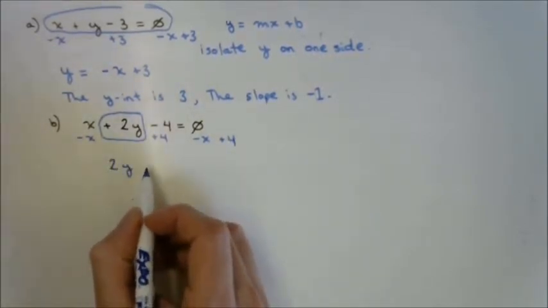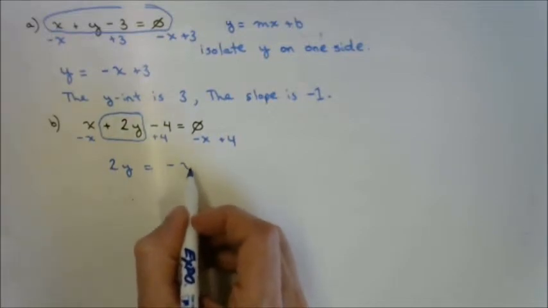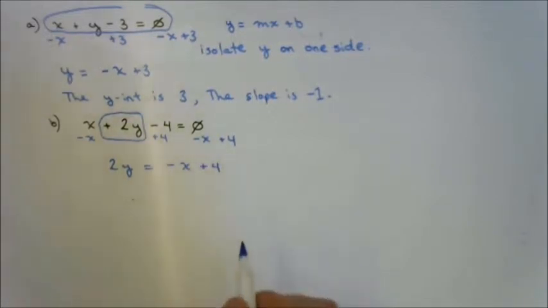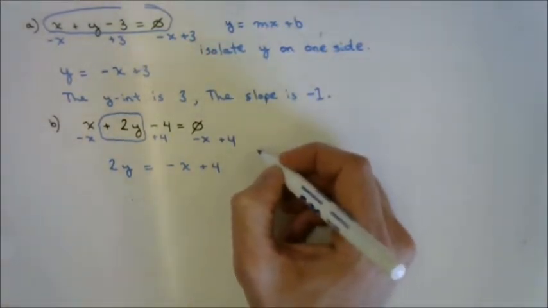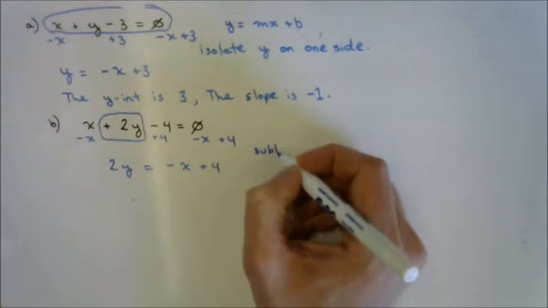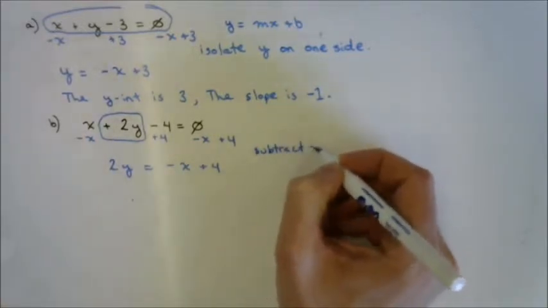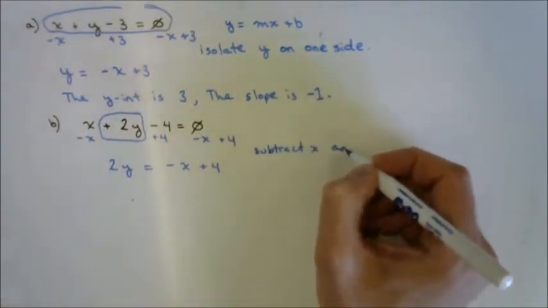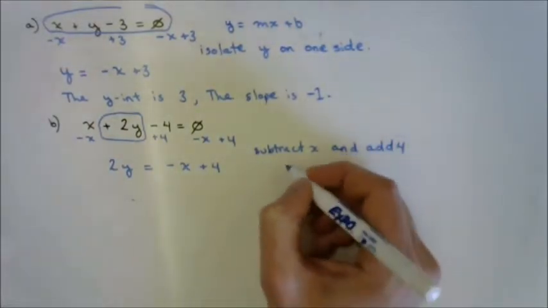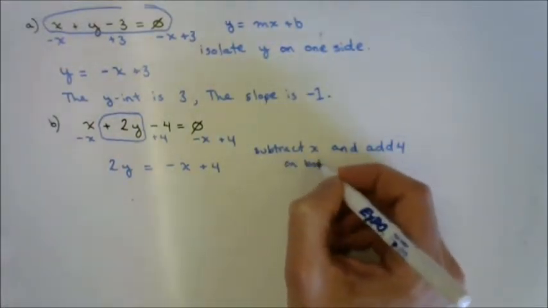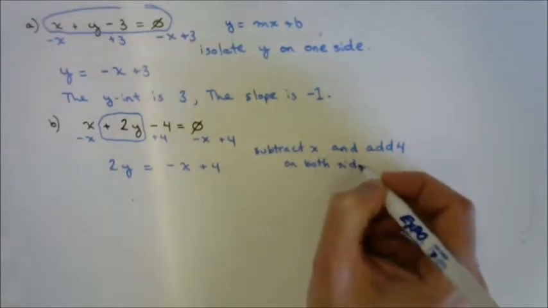I have 2y on the left, negative x plus 4 on the right. So step 1, you can write this: you're going to subtract x and add 4 on both sides.